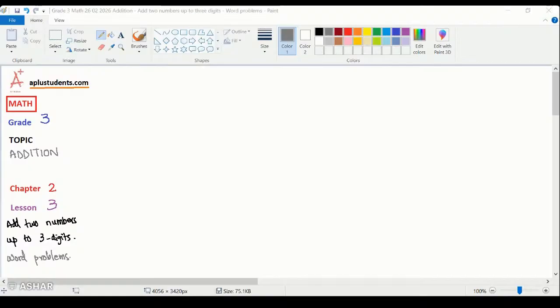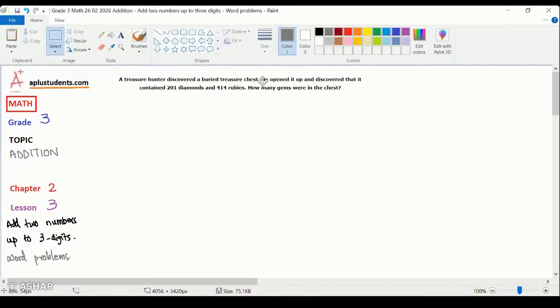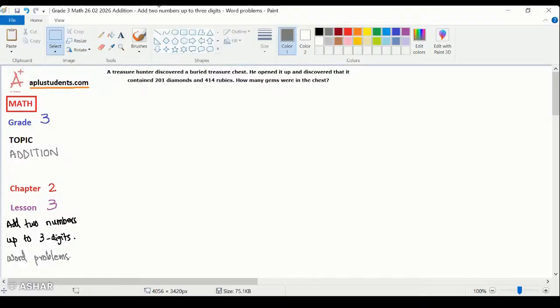So the first question that we have on our screen is a treasure hunt. Let me just copy paste. So let's start off with the first question. I'll resize this so that it's easier to read.